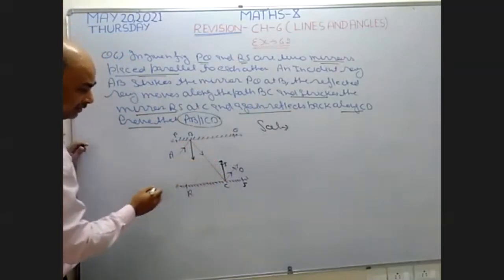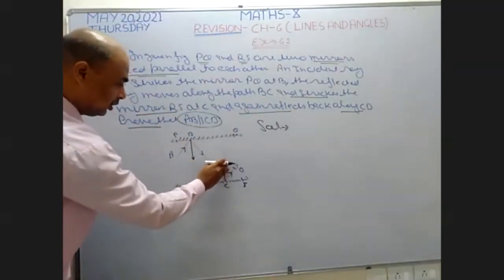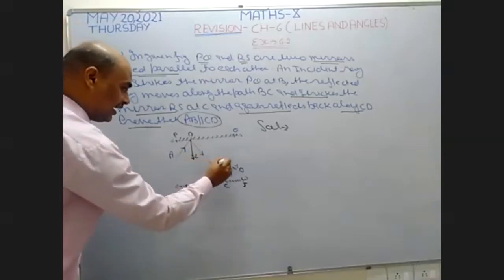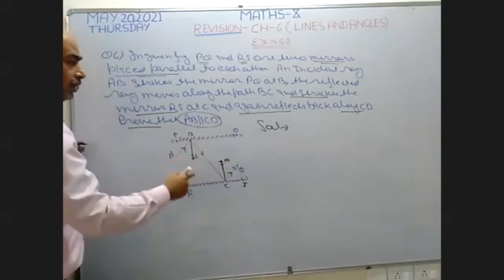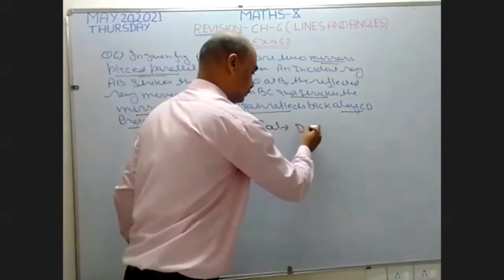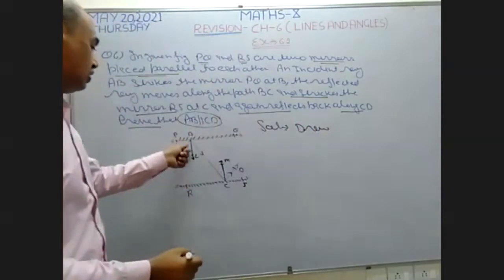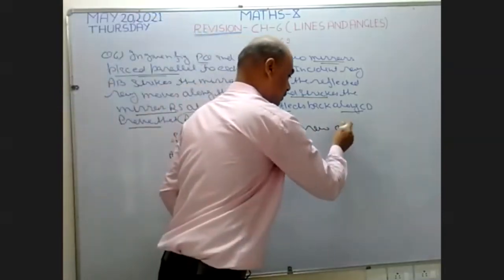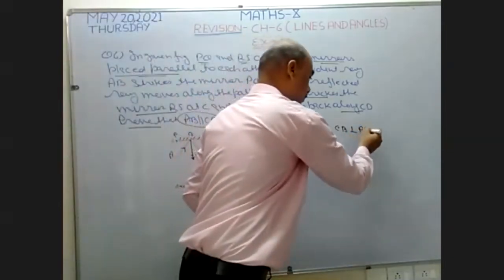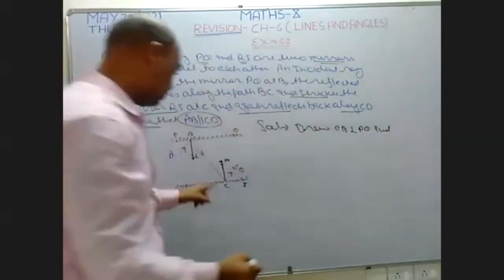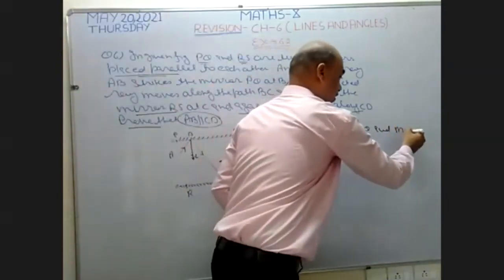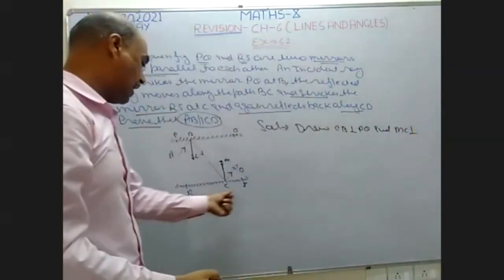S is already taken, so I name the points L and M. Now I draw the construction. Draw CB perpendicular upon PQ, and this line MC is perpendicular upon RS.